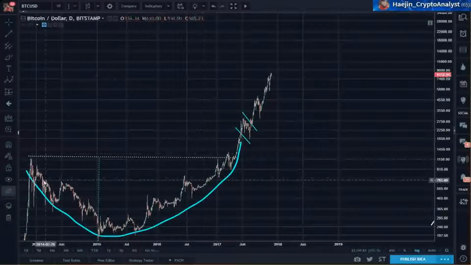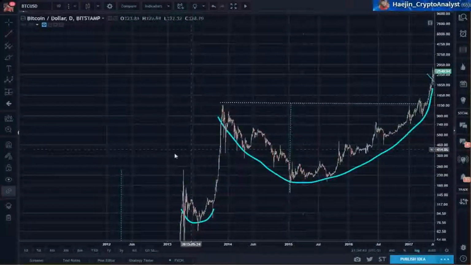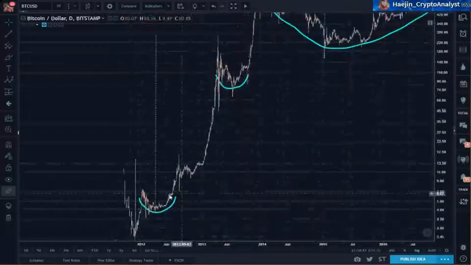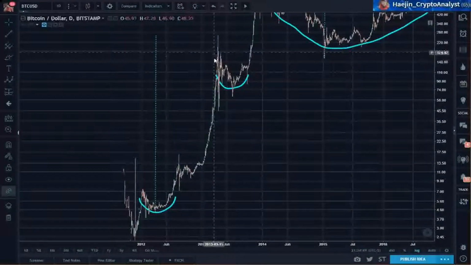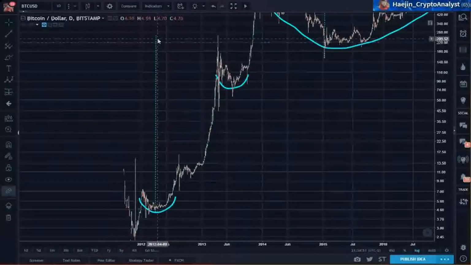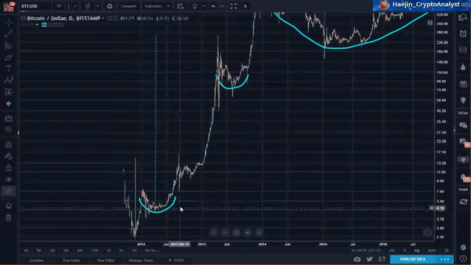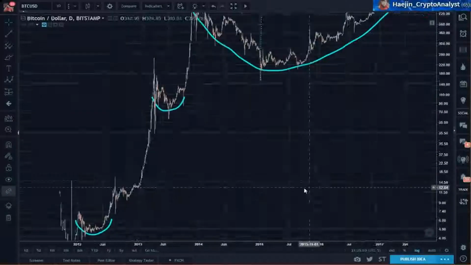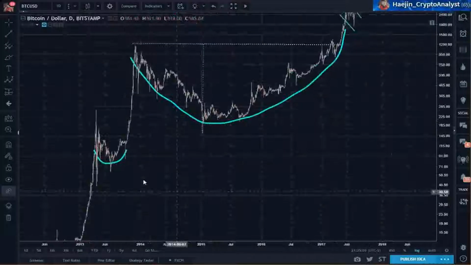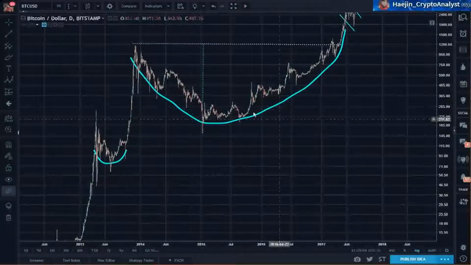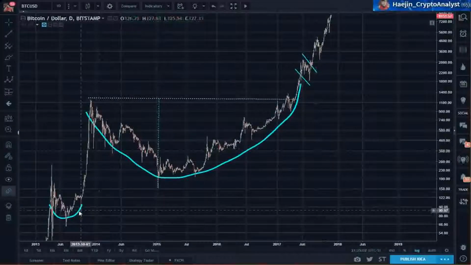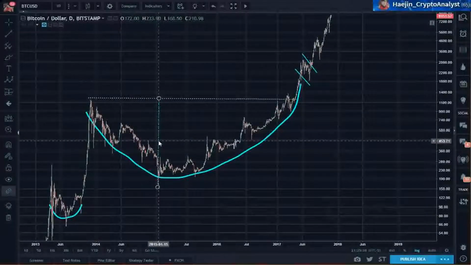What I'm trying to say is that just like there were vertical moves here after a rounding bottom, and this was like, wow, with such a small rounding bottom, same as here. But because this rounding bottom is so huge, 8 orders of magnitude of the ones that occurred previously.